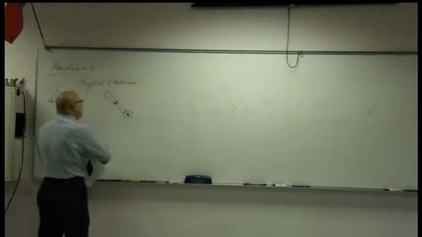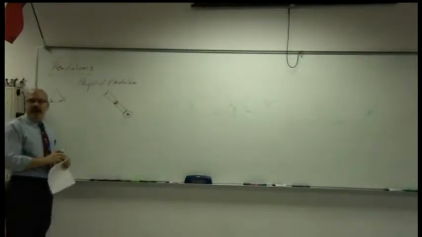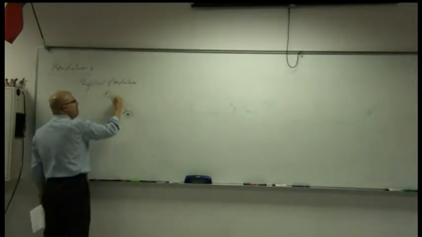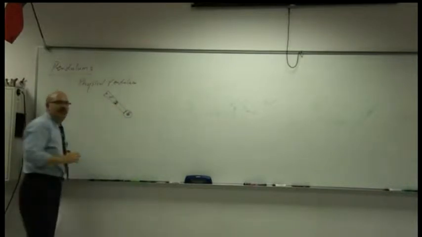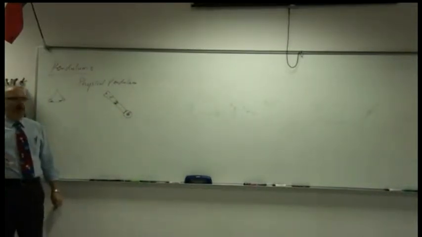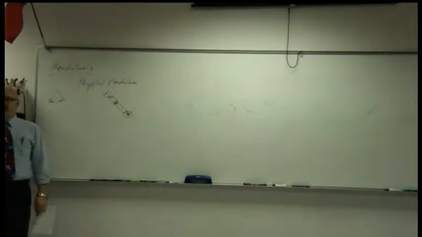Where's our pivot point? Right here. Our pivot point is on the end. So assume this to be a uniform bar. Let's say this has a mass of m and this has a mass of m to make things easy. Actually, no, let's make it more realistic. Let's make this 2m and make this 3m, just because we can do that.